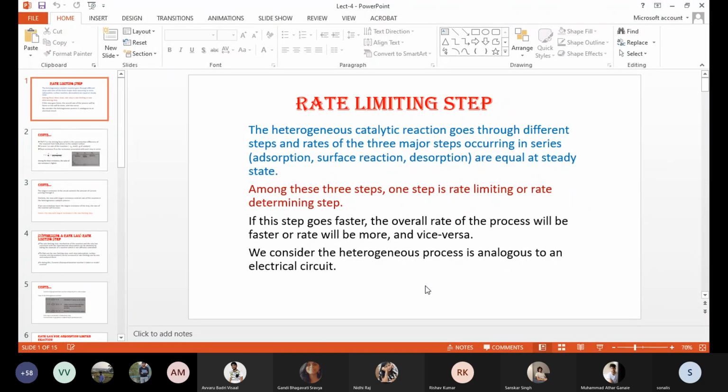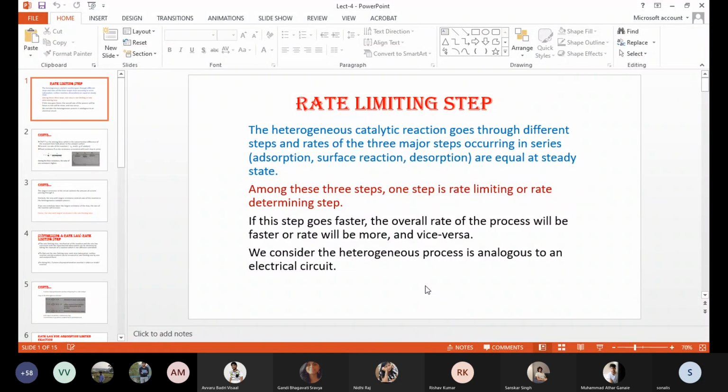Look, the heterogeneous catalytic reaction goes through different steps, and the rates of 3 major steps occur in series. Here we are considering 3 major steps: adsorption, surface reaction, and desorption. All these are equal at the steady state. Among these 3 steps, one step is the rate limiting or rate determining step.